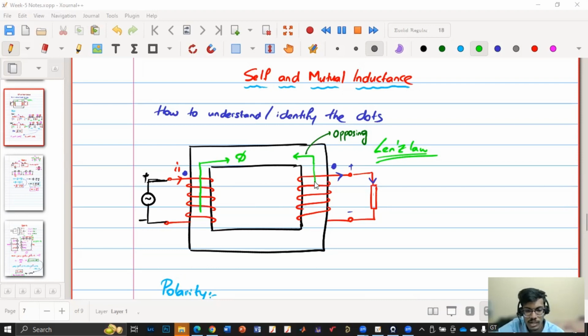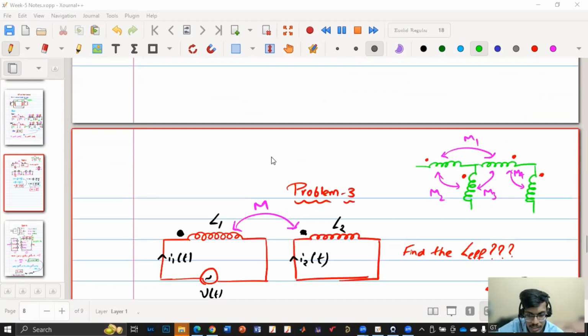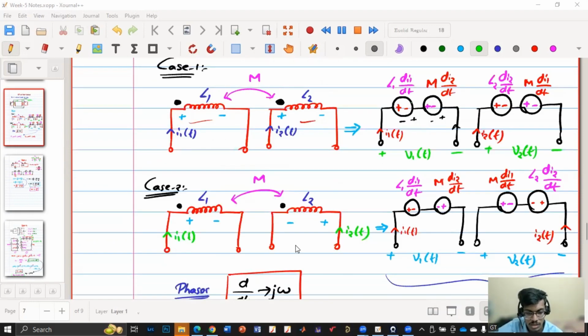So if it is the other way, then the flux direction will change. So you cannot correlate this example with this diagram because we do not know the winding direction. Instead of knowing the winding direction, if we know the dot itself, then we get the polarity using the cases that we have discussed.